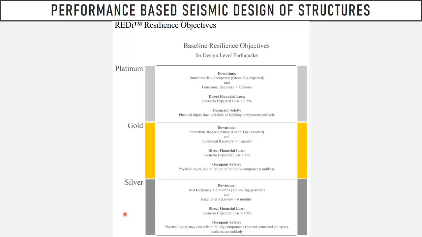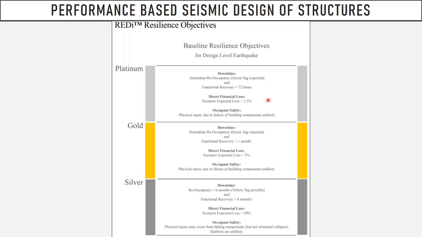It is something like a LEED certificate that investors may ask for, but just to give you an idea of what platinum, gold, and silver are, they define a downtime, in other words recovery day, the direct loss, or occupancy safety criteria. These are very basic criteria, but of course in the document they have their details.